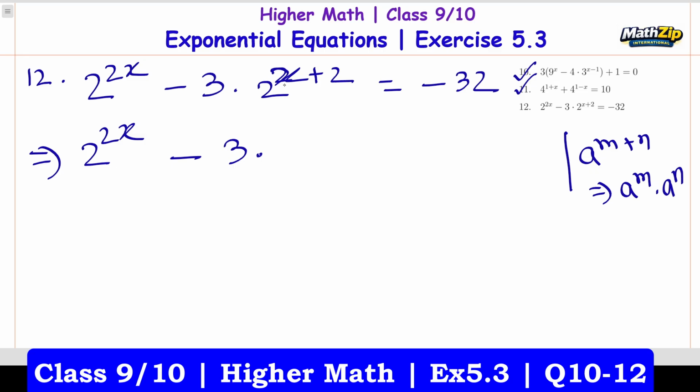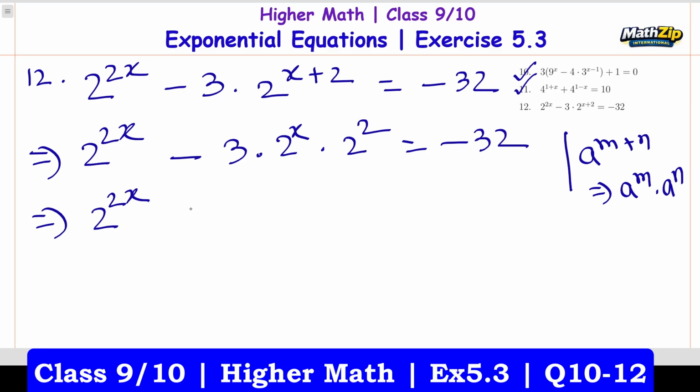So here is 2 to the power x plus 2, we can write 2 to the power x times 2 square equals minus 32. Now here is 2 to the power 2x minus 2 square means 4. 4 times 3 is 12 times 2 to the power x equals minus 32.